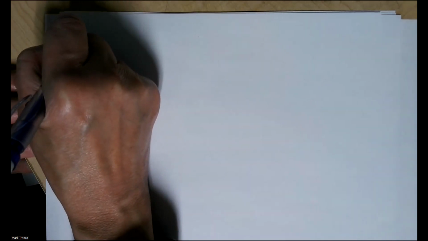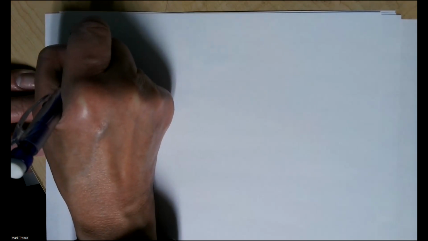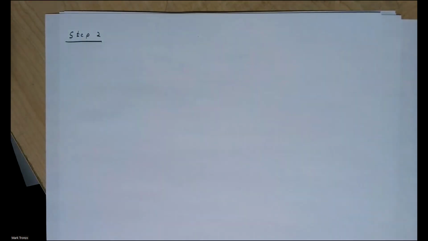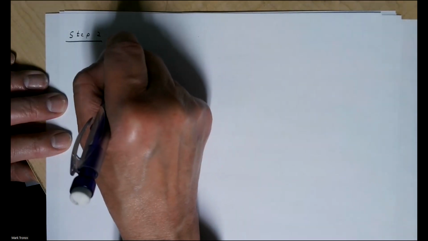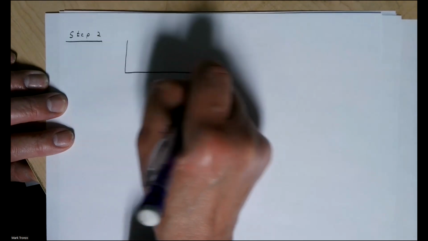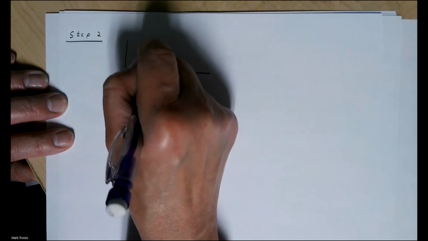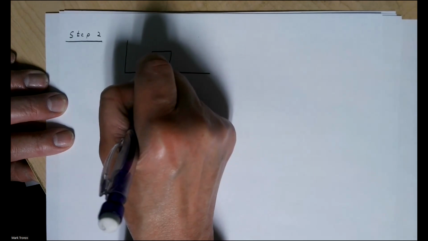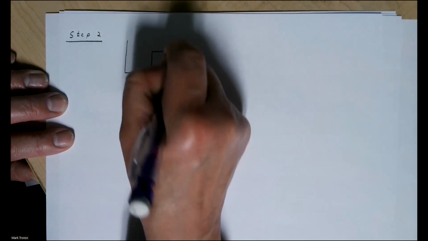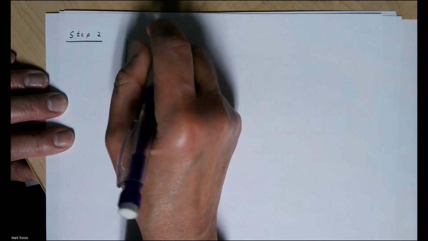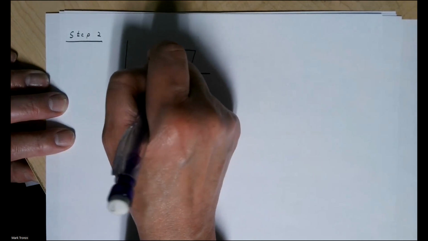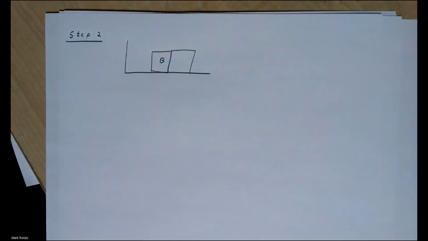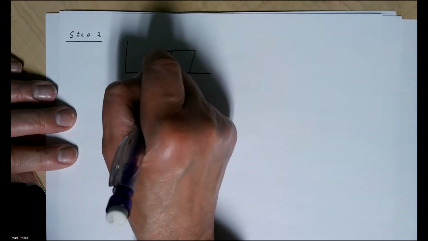So step 2, this would be, say, the moment A impacts B. So again, now they've actually made contact and impact. And the mass of B was 10 kilograms.